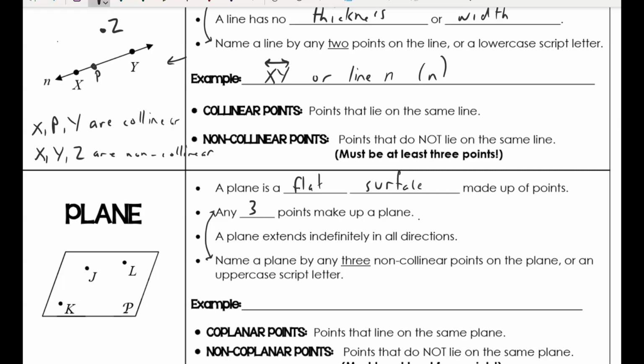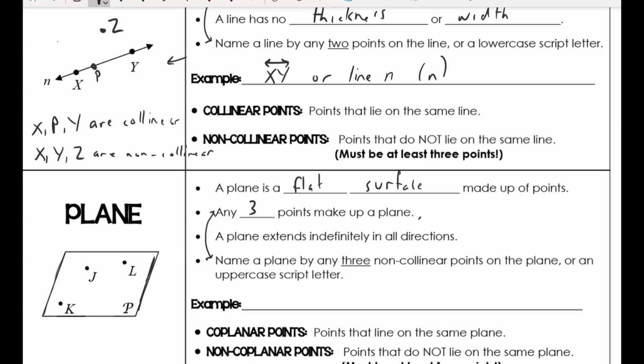So you might want to write a note that there are really infinitely many points on every plane. It extends indefinitely in all directions. So even though you're only looking at what looks like a parallelogram over here, we're assuming that this goes on forever in all directions. A line goes on forever, a plane goes on forever, a point doesn't go anywhere.